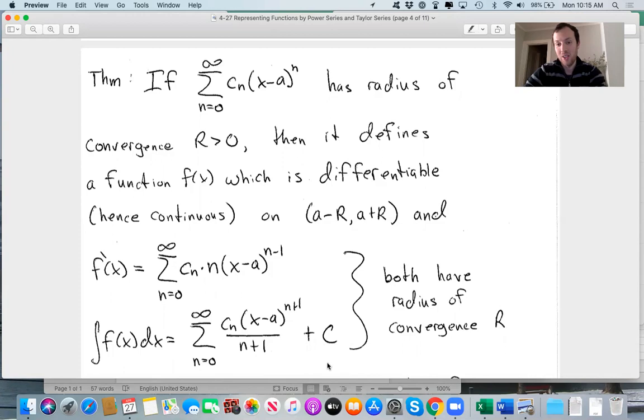And then there's a constant. And if you know that the series for the original function has a radius of convergence r, the series you get by differentiating and integrating also have that same radius of convergence. And they're still centered at a.